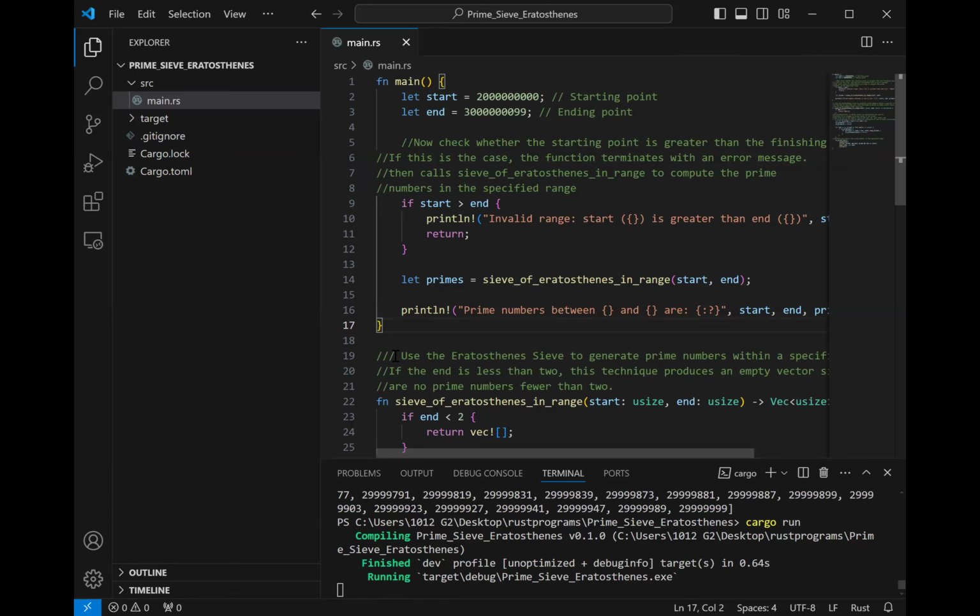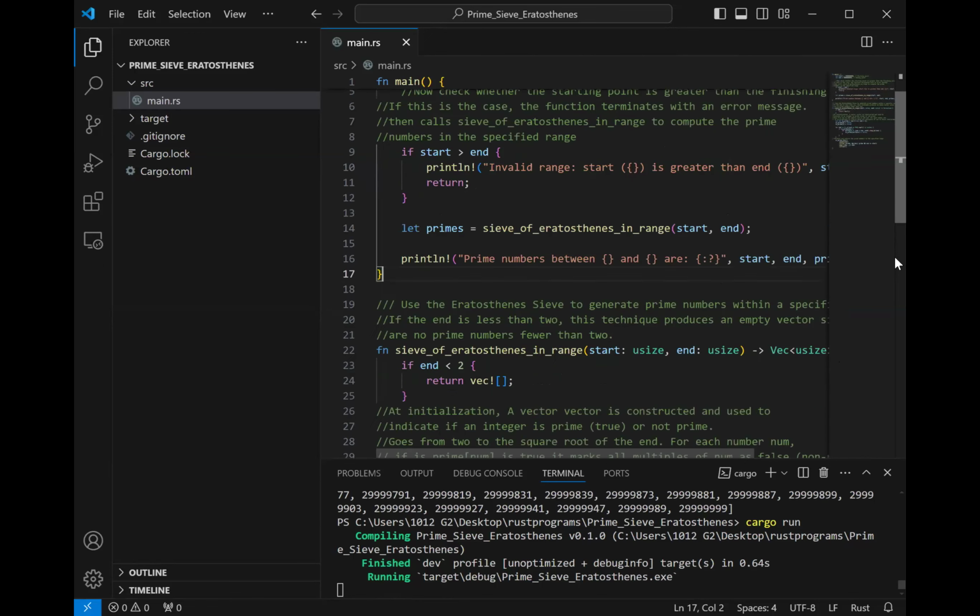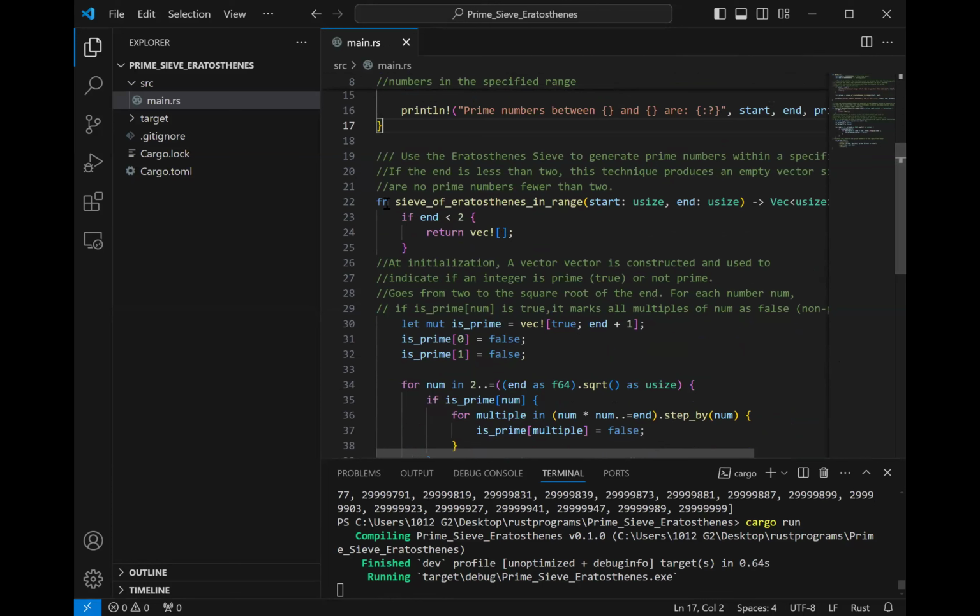Then all the multiples of 2, it will assign them false. But this part is what I had talked about, that if the end point is less than 2, it will return an empty vector.